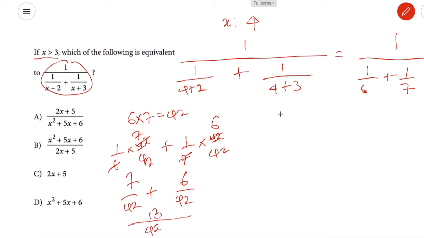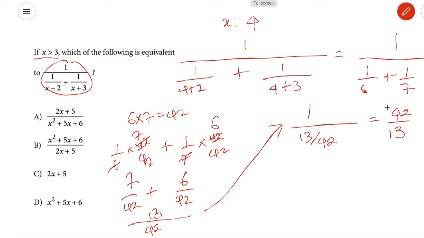Now let's not forget that we had 1 divided by 1 over 6 plus 1 over 7. So this makes this 1 divided by 13 over 42, which is the same thing as 42 over 13. So this right here is the key thing we want to come to. When we make x 4, the fraction becomes 42 over 13.